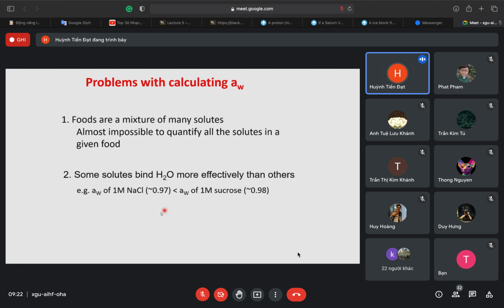It means that the water binding capacity of sodium chloride is higher than that of sucrose, and it generates a lower water activity.